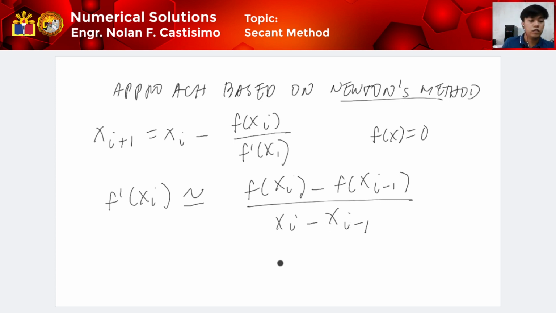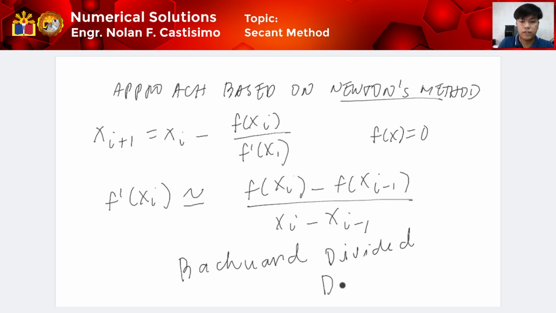Where does this come from? This formula is basically the divided difference approximation of the derivative of the function, and you're using the backward divided difference.